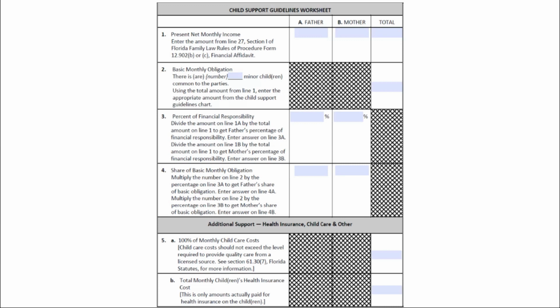If there is a family plan which covers multiple individuals, some of them children, some of them not, make sure to make a determination by looking at the health insurance plan to determine how much is actually spent to provide health insurance for the minor child or minor children. Once you're able to determine that specific amount, that is the amount that should be put into the total column under subsection 5B.